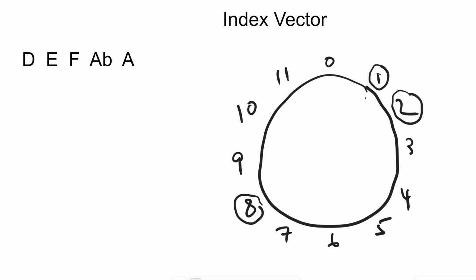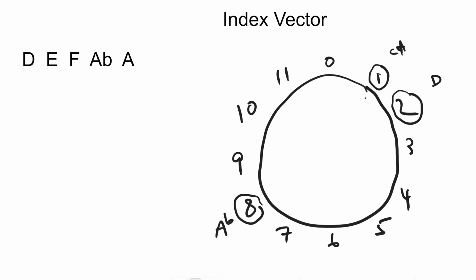Remember that we map 0 onto C, C sharp is 1, D is 2, E flat is 3. It's just a chromatic scale with C being 0. So 1 is C sharp, 2 is D, 8 is G sharp or A flat. I'll just call it an A flat.